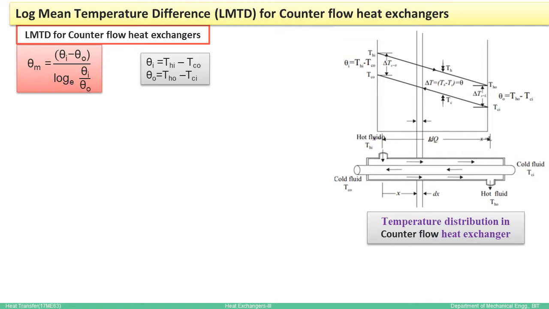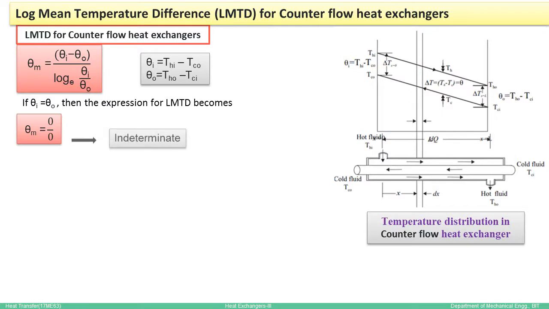But in case of a counter flow heat exchanger, there is a possibility that theta i sometimes becomes equal to theta o. In such a case, what will happen to the equation for LMTD? So 0 by 0 is an indeterminate form. So the best idea is to go ahead with L'Hospital's rule to try to get an expression for LMTD for such a case of theta i equal to theta o.